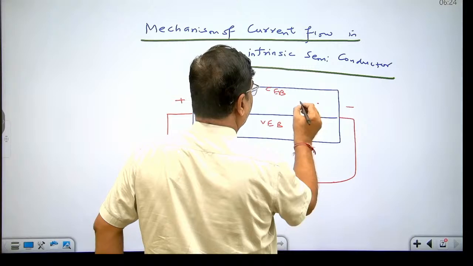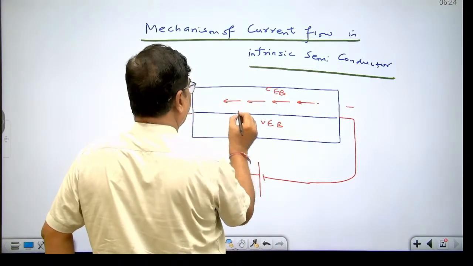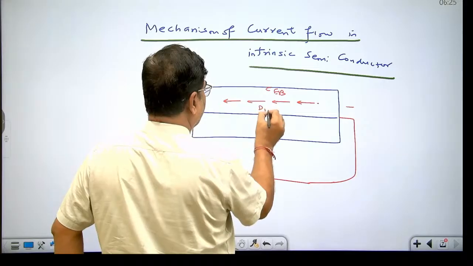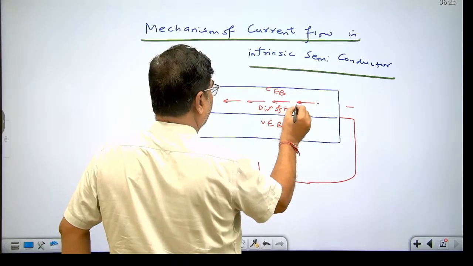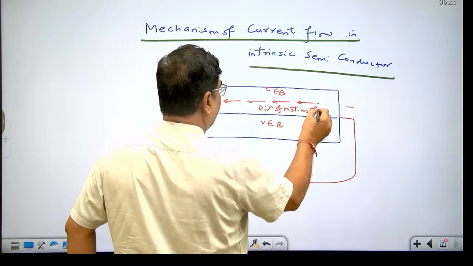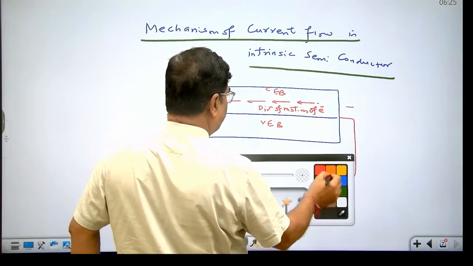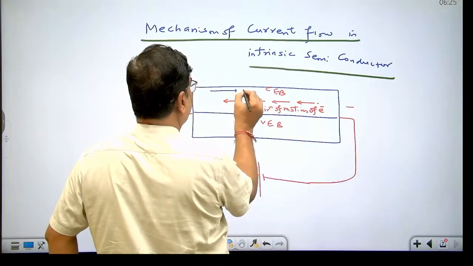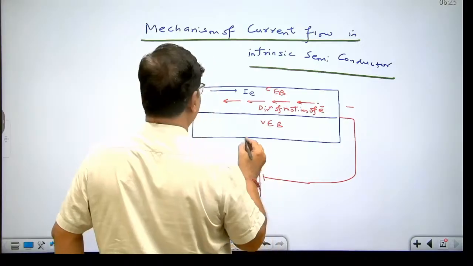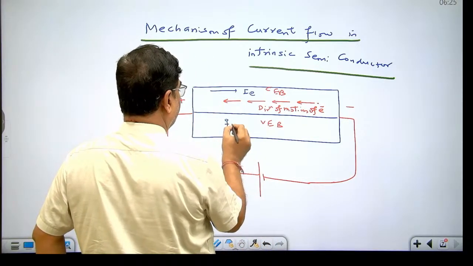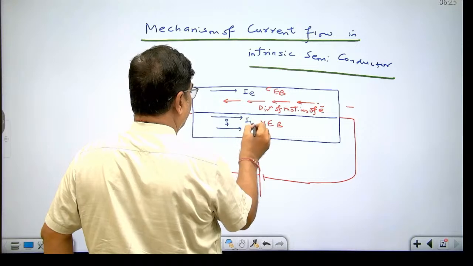Electron moves in this direction, and this is direction of motion of electron. And this is direction of flow of current, IE. And this is direction of motion of hole. So this is direction of hole current.